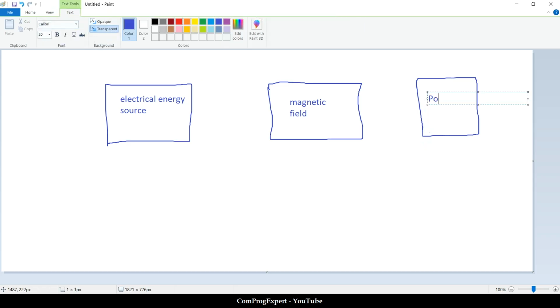I write here P out. If we have linear motion, the output power is force times the velocity. And if we have a rotating motion, we have a rotating object, it is torque times the angular speed omega. This is omega, the angular speed of the rotor.